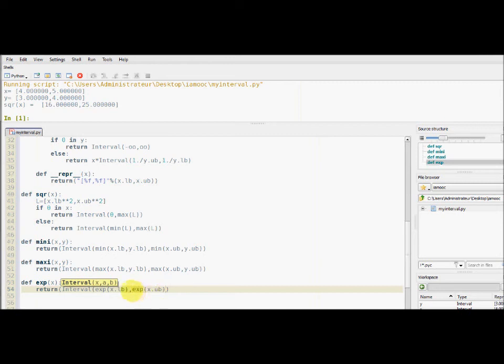Upper bound, but it is in the math library, so I have to add math. So return interval, here also, here also. Okay, now I will have also to program the logarithm, which is quite easy also because it is monotonic.